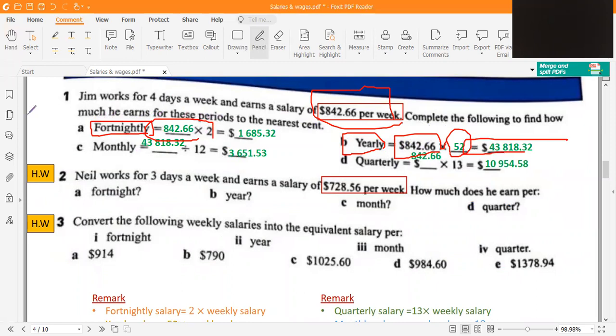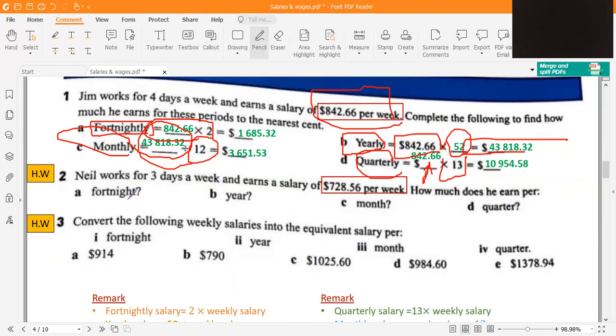Monthly salary equals yearly salary divided by 12. Quarterly, we use the weekly salary multiplied by 13, because in a quarter we have 13 weeks.